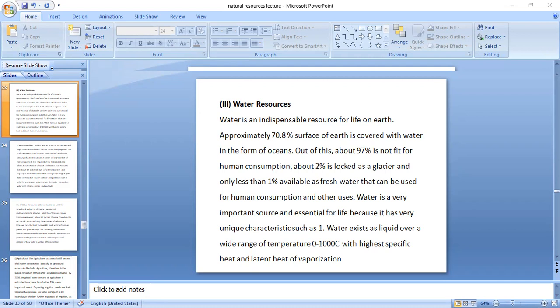And once the hydrological cycles will be disturbed, then it creates a flux, it creates a shortage of water which is available on the surface, on the water bodies, or on the subsurface and reservoirs.